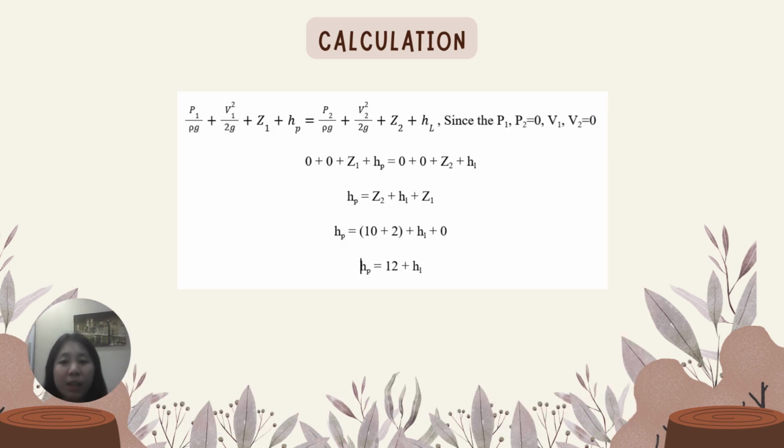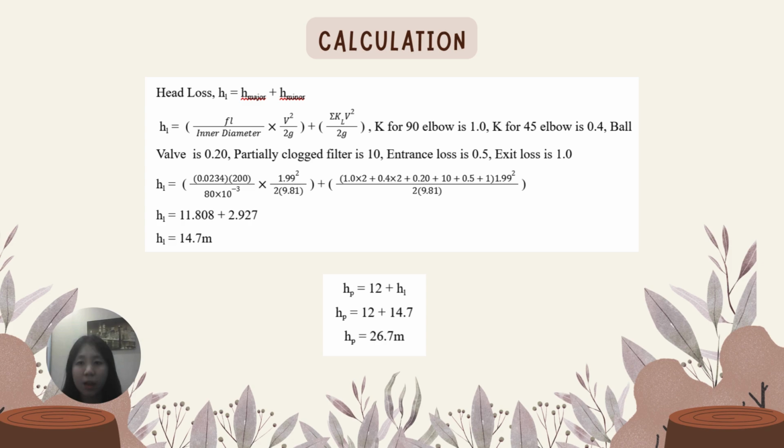Next, we're using the energy equation to calculate the pump head. So the pressure is zero because of using gauge pressure. The elevation and velocity are zero because of the big area of water. After that, we need to find the head loss, which is the sum of the major head loss and the minor head loss.